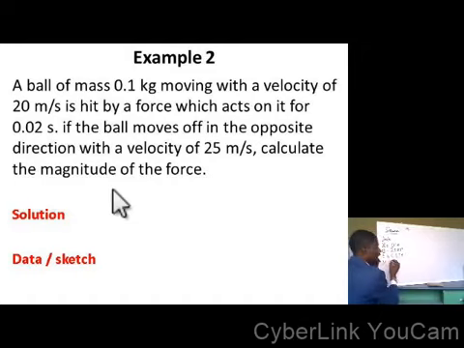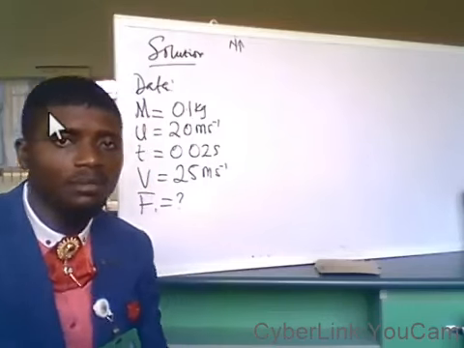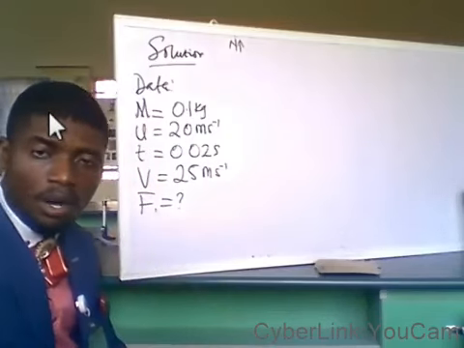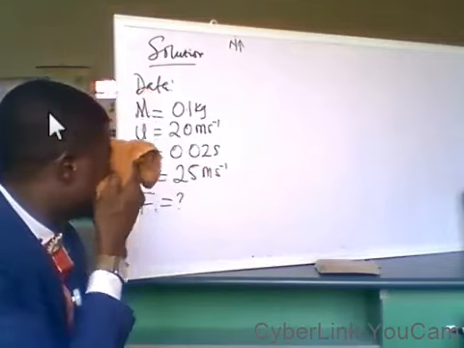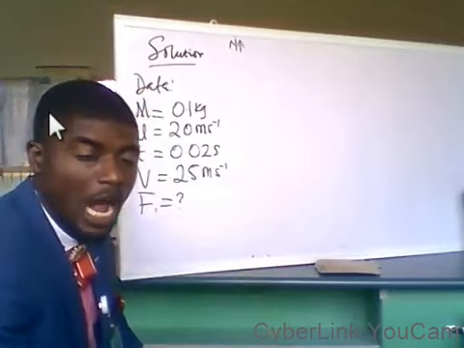We have final velocity is equal to 25 meters per second. And of course, the force is not given. This is the data we have on the board. How do we go about it?